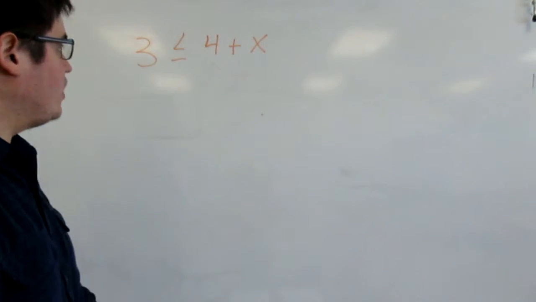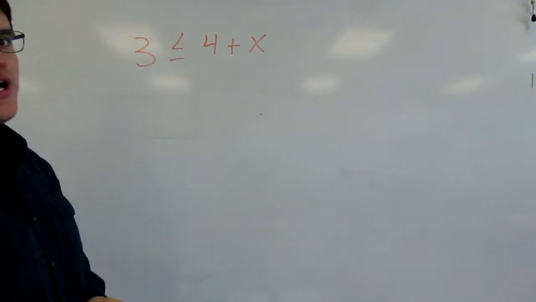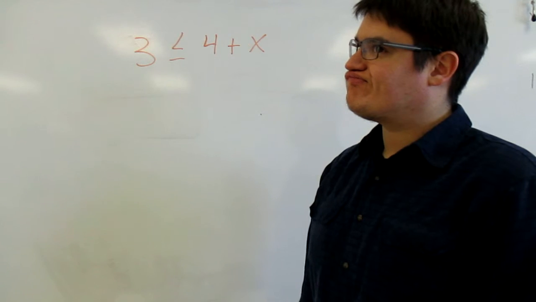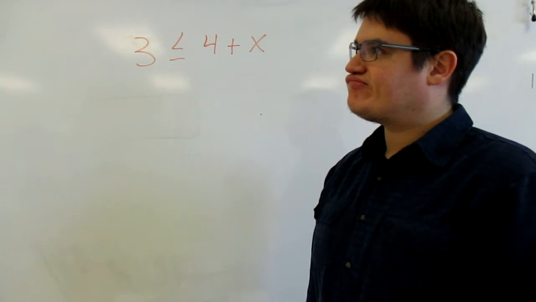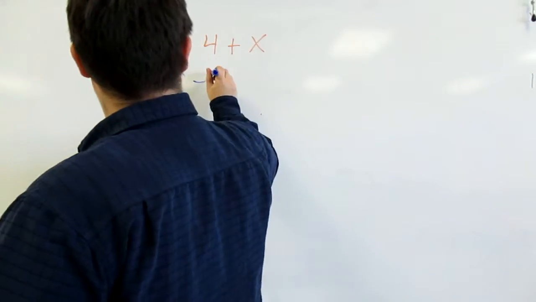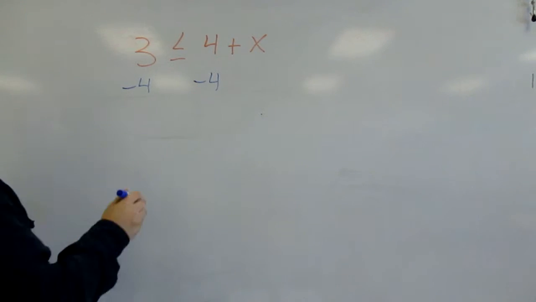Welcome back. Okay, let's do what we did before. I've got to get X by itself. Now it's on the other side of the inequality. Don't be scared. So I'm going to subtract 4 on each side. Well, 3 minus 4 is negative 1.